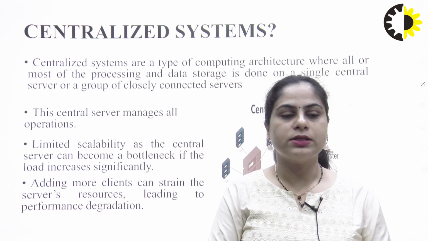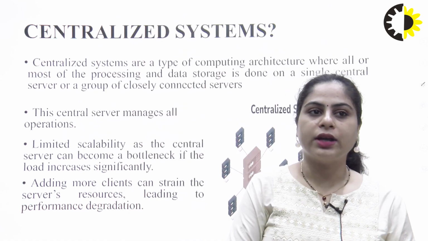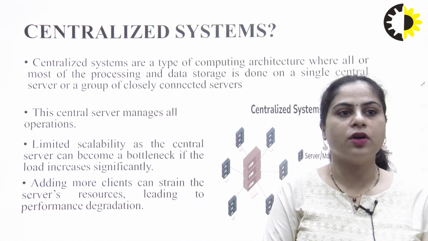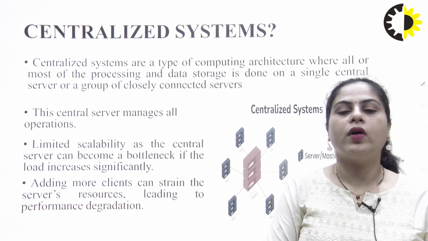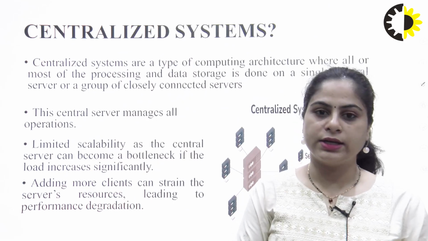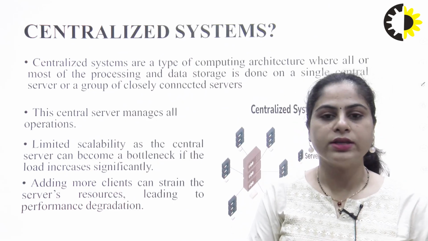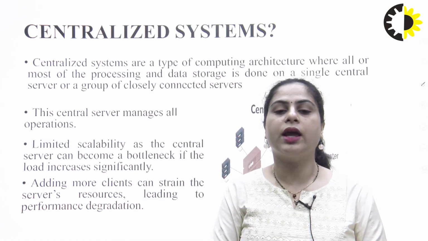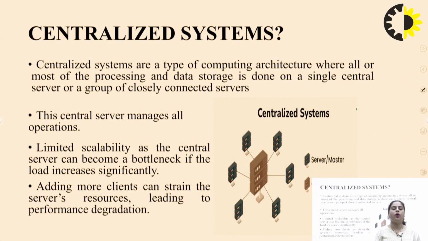Now the centralized system. Centralized systems are a type of computing architecture where all or most of the processing and data storage is done on a single central server or a group of closely connected servers. It means in a centralized system there is only one server, and that server is accessing and verifying all the transactions.